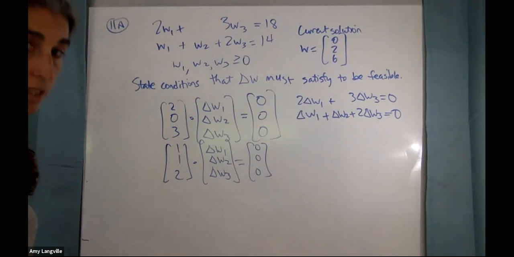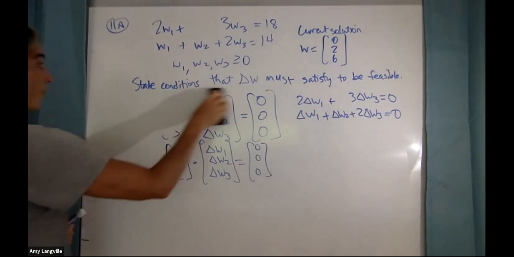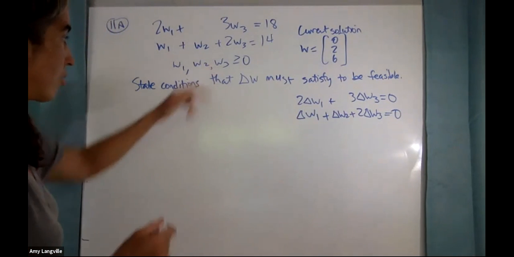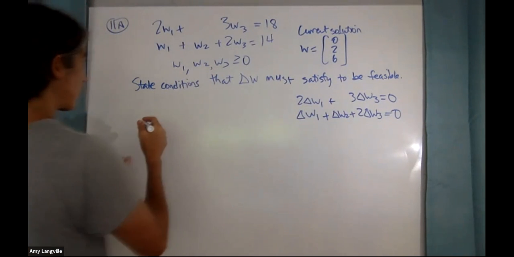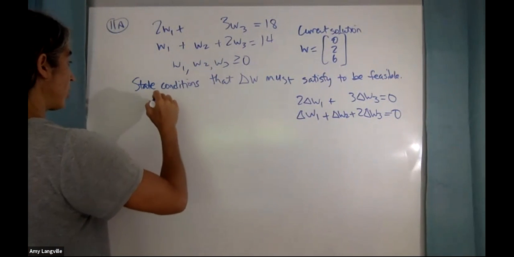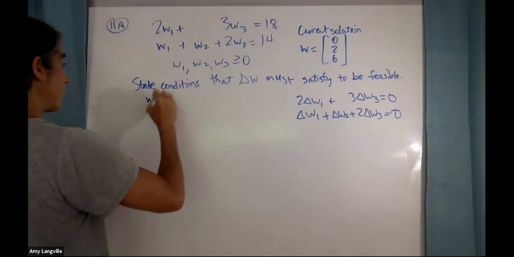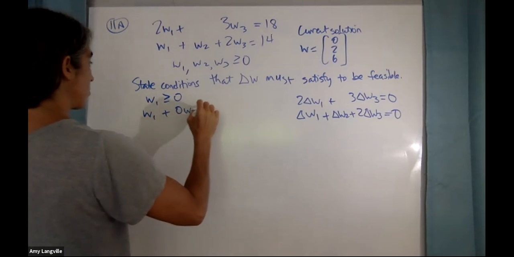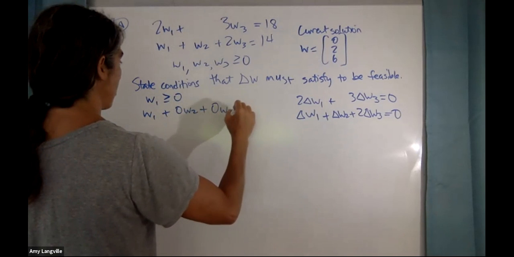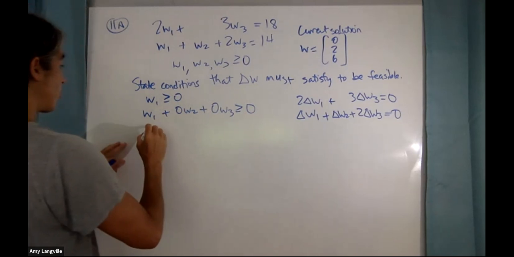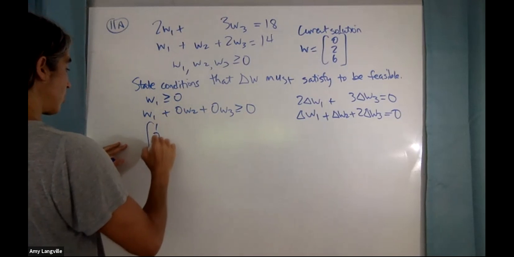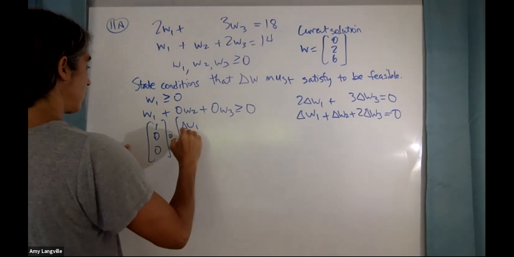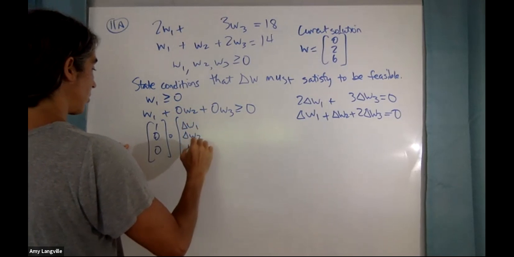And let's make some space. These now are 3 greater-than inequalities. You can look at the first one, W1 greater than or equal to 0, as really W1 plus 0 W2 plus 0 W3 greater than or equal to 0. So you pull off your coefficients, 1, 0, 0, dotted with delta W1, delta W2, delta W3.